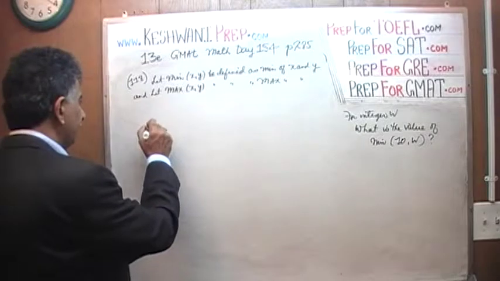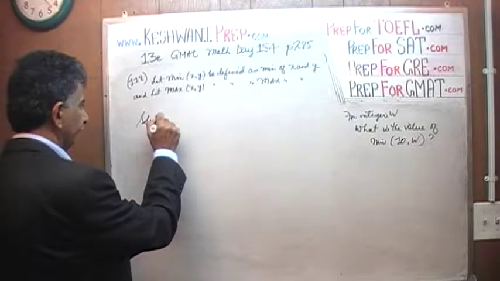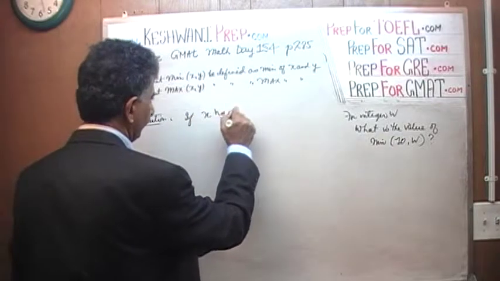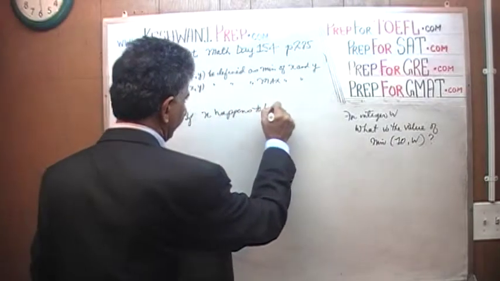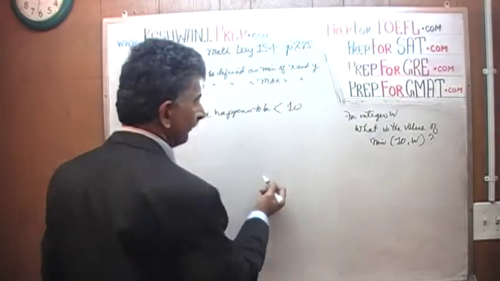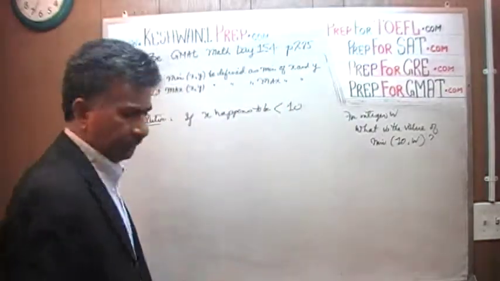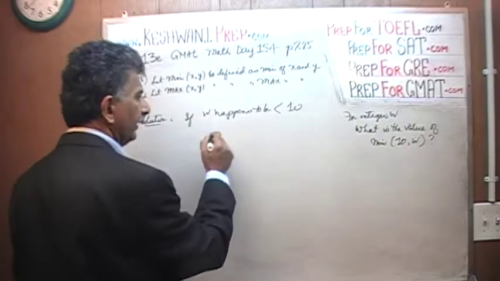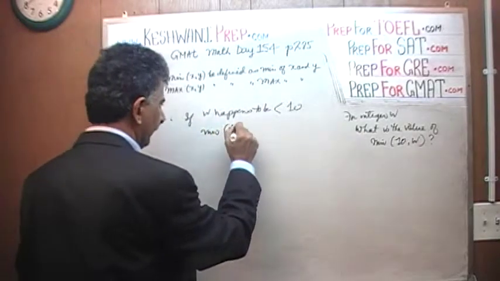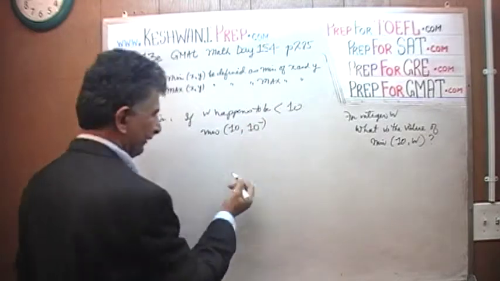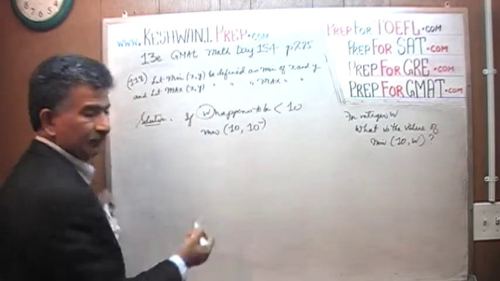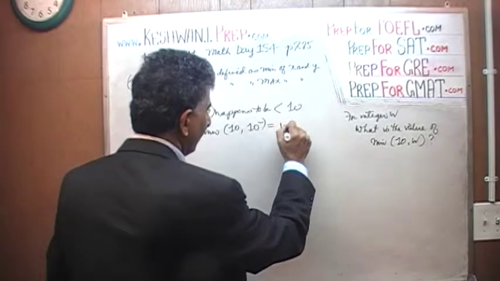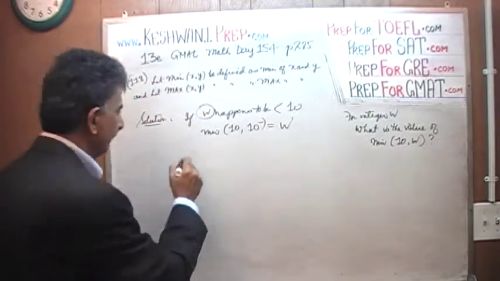So here's the solution. If w happens to be less than 10, then the minimum of 10 and something less than 10 is just going to be w.